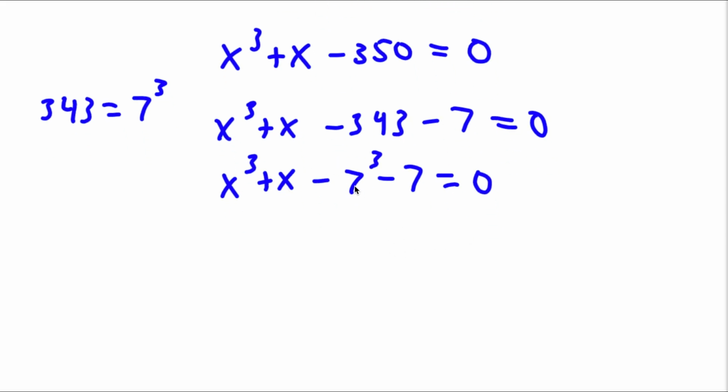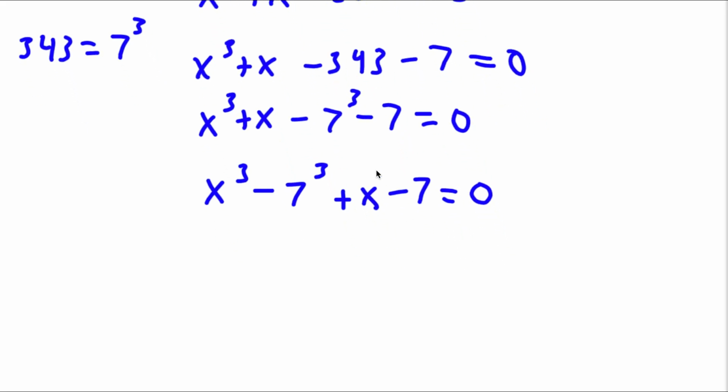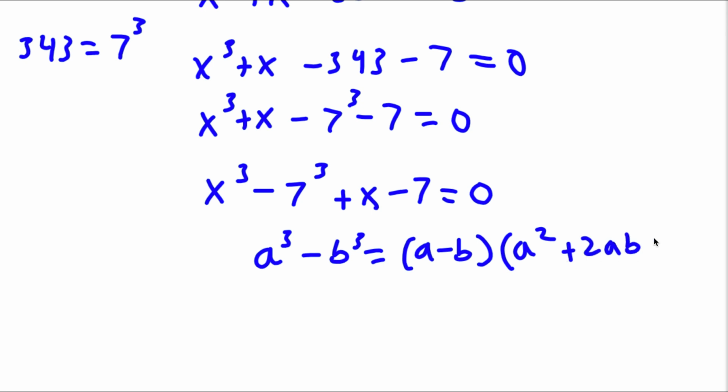Now I'm going to rearrange this to put it in the form x to the power of 3 minus 7 to the power of 3 plus x minus 7. This is equal to 0. Now if I have something in the form a to the power of 3 minus b to the power of 3, this is equal to a minus b times a squared plus ab plus b squared.